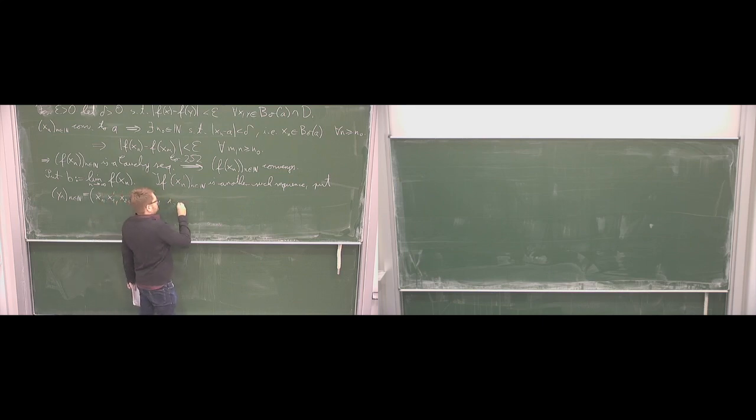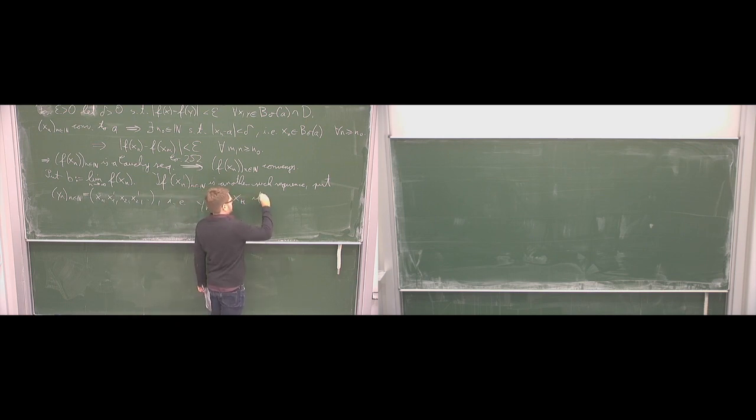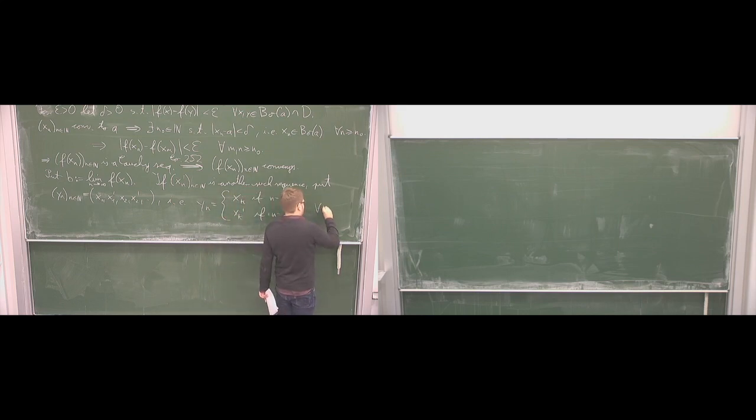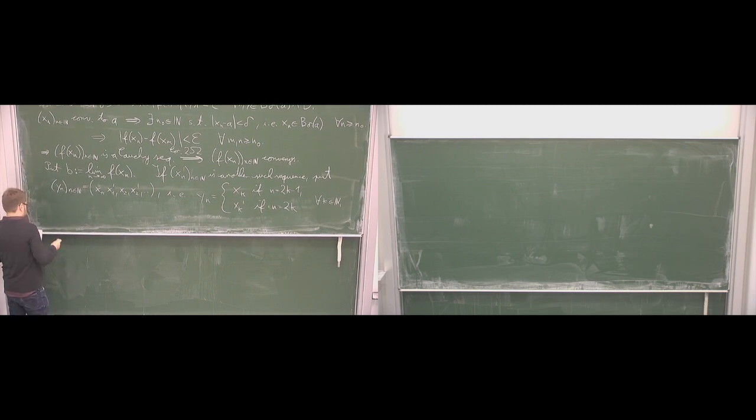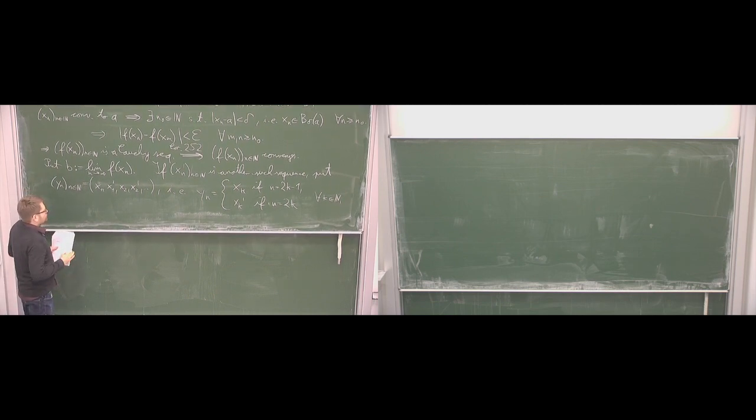So formally, yn is either xk if n is 2k − 1, or it's xk prime if n is 2k, and this for all k in N. So we've got for all odd and even numbers these two definitions, and so we get a sequence.